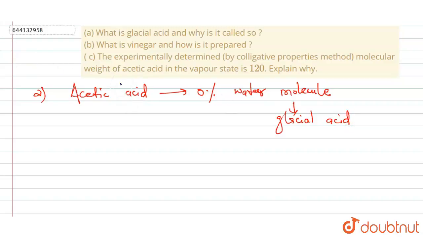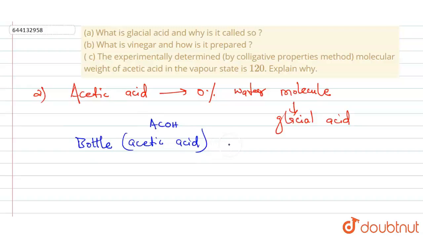As you know, we can easily prepare it by, suppose we have a bottle containing acetic acid. What is acetic acid? This is CH3COOH.